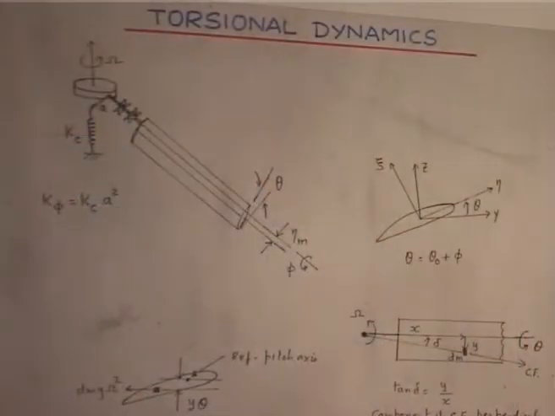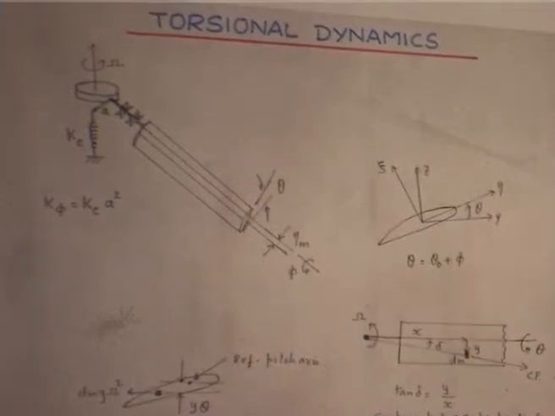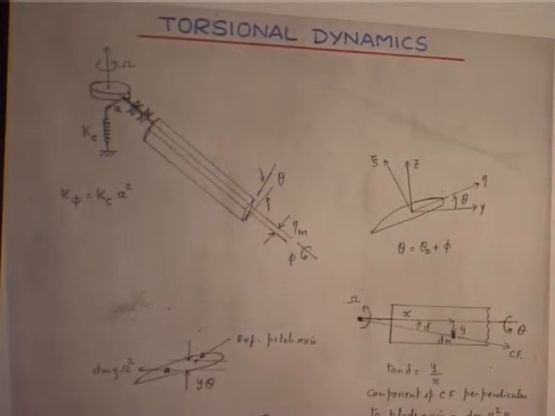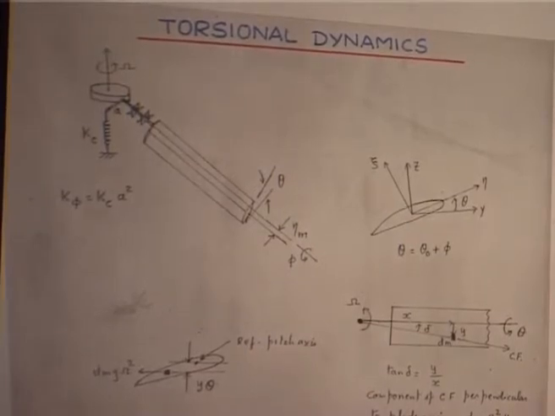Now, let us take the next case, which is the isolated torsional dynamics. It is a little interesting, but if you want, I will go through the whole very simple model. Please understand, very simple model.